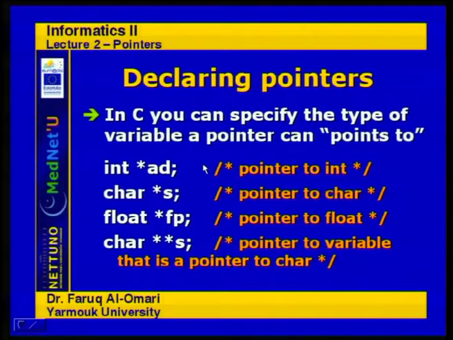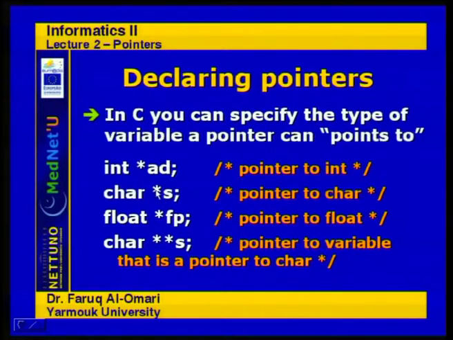More on declaring pointers. In C, we can specify the type of variable a pointer points to. So we say integer asterisk ad. ad is a pointer, a 4-byte address that points to an integer. So later on, I can store at this location whatever value I like for that integer.